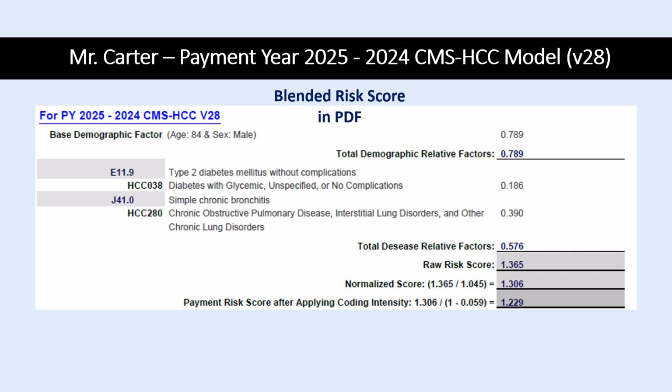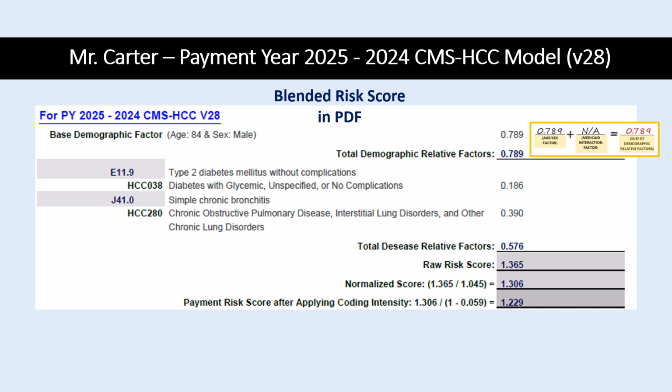Mr. Carter has the diagnosis code HCC 19, diabetes without complications in the 2020 CMS-HCC model, which the table shows was updated to HCC 38, diabetes with glycemic, unspecified, or no complications in the 2024 CMS-HCC model.